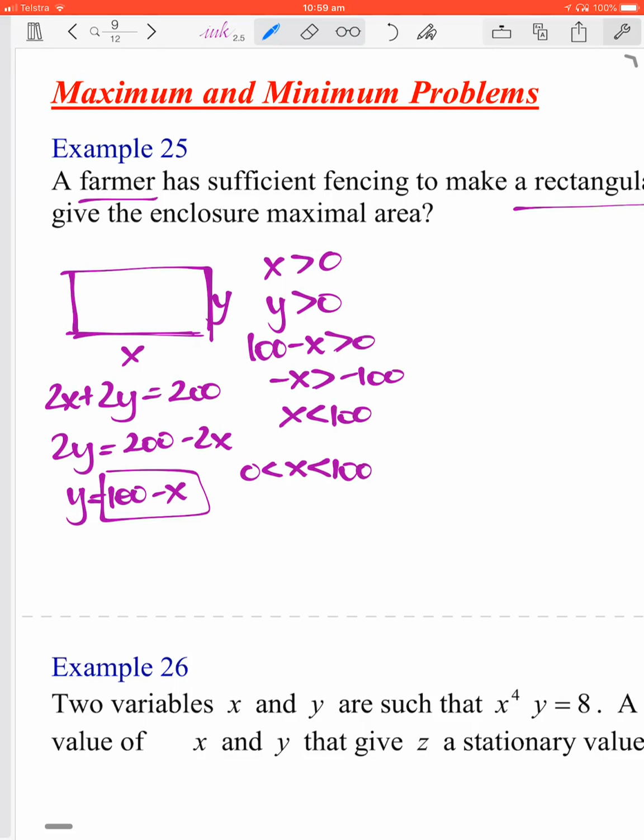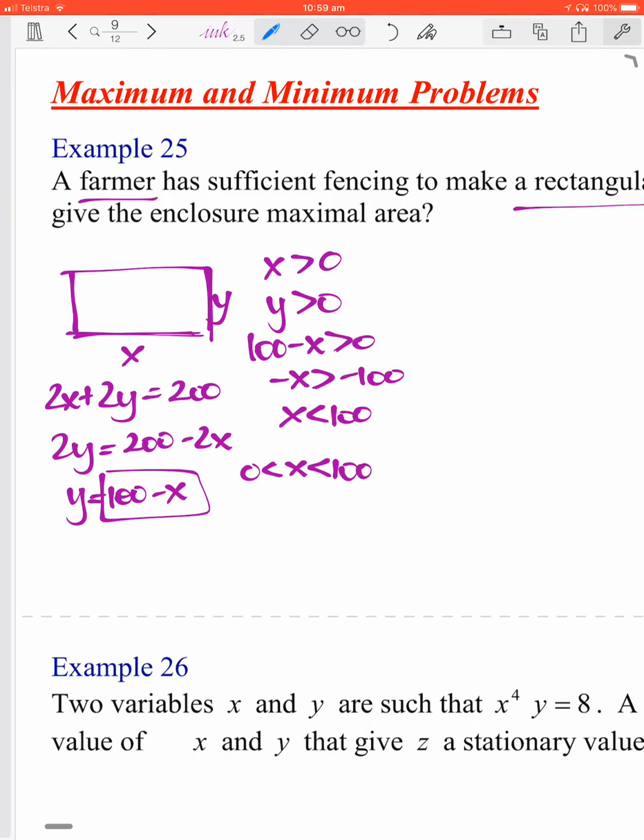If we want to maximize our area, we want to find where the function has a maximum, like a local max or our absolute max. So we find dA/dx, because maximums and mins occur when the gradient equals 0. So we get 100 minus 2x, dA/dx equals 0 for a max/min.